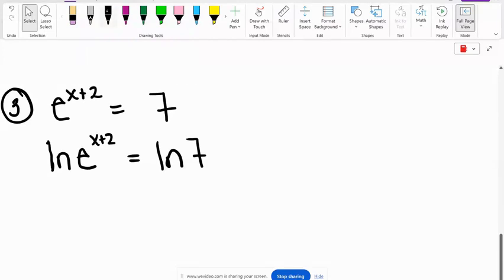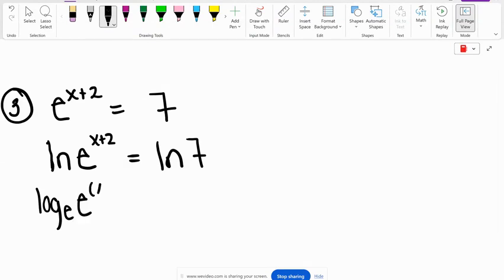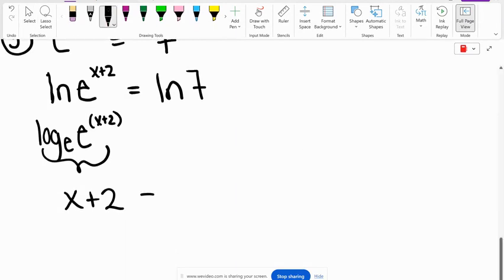Well, guys, right here, isn't ln log base e of e raised to the x plus 2? Was there a shortcut for this in simplifying this? Yeah, what is it? Just x plus 2. So this whole thing simplifies just down to x plus 2. No more ln, no more log. And that will equal the ln of 7.